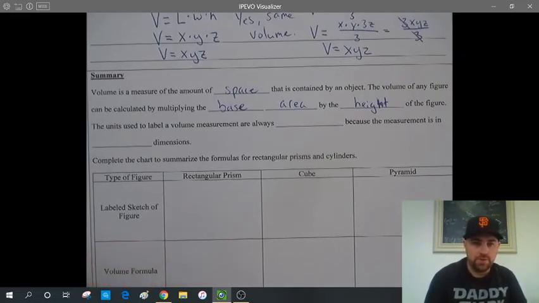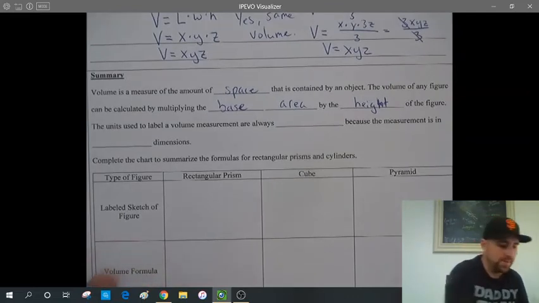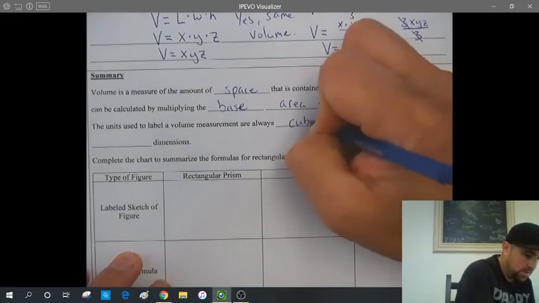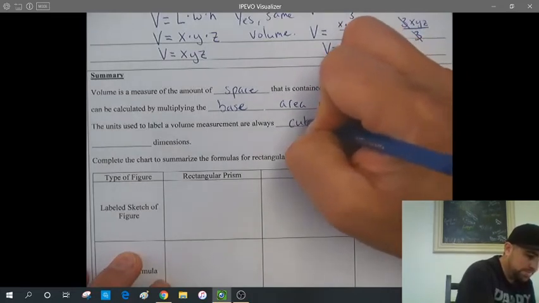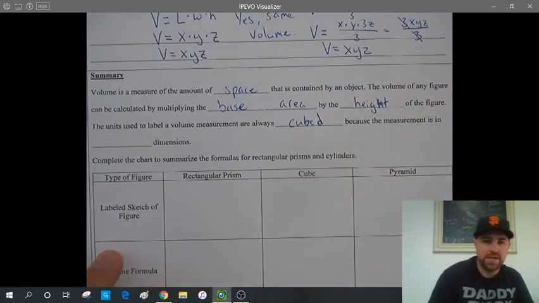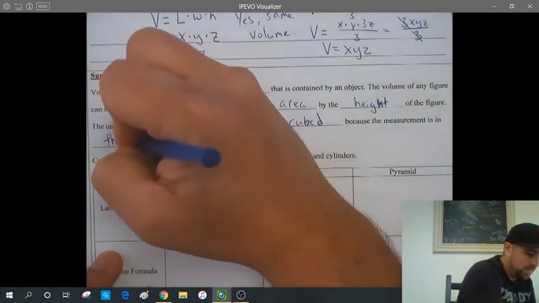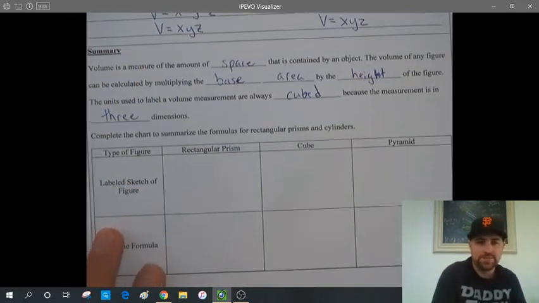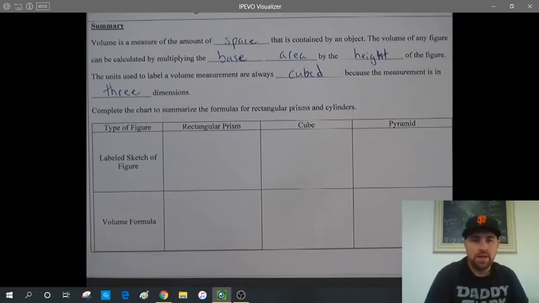The units used to label a volume measurement are always cubed because the measurement is in 3 dimensions. Okay, completing the chart to summarize the formulas.